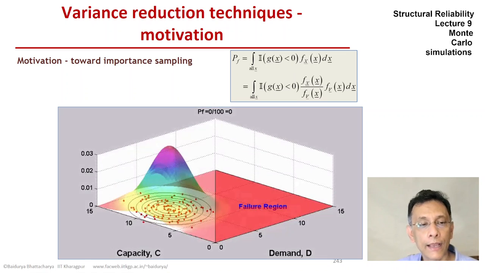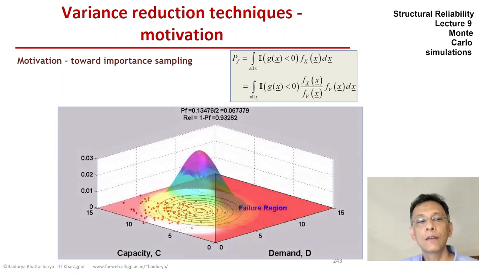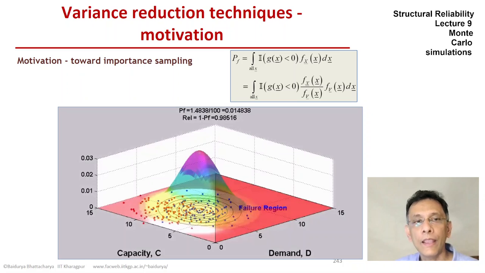If we do it right, then we can get the same sort of answer here, as you see, in 10% of the simulations. Instead of 1,000, we are only simulating 100 points, and we get a failure probability of the same order of 1%. This is something we'll come back to later, and we will look at it in much more detail.